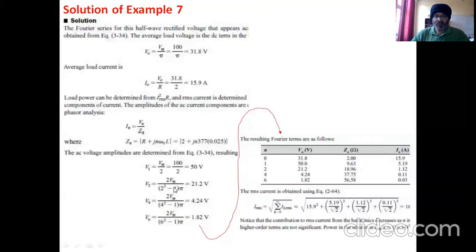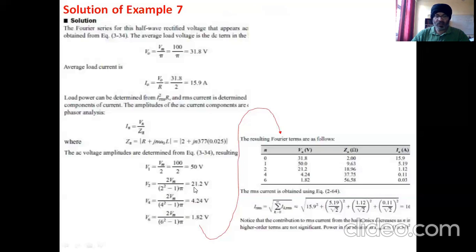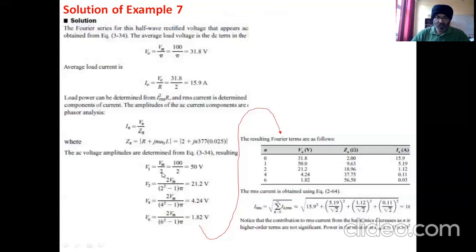For the second harmonic, put n equal to 2 in 4.15 and calculate the value, and all these voltage values. From here we can see that the DC component is 50 volts. The second harmonic has 21 volts as a magnitude, which is quite considerable.